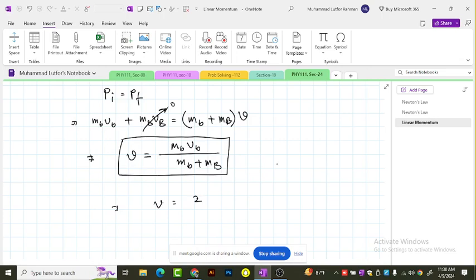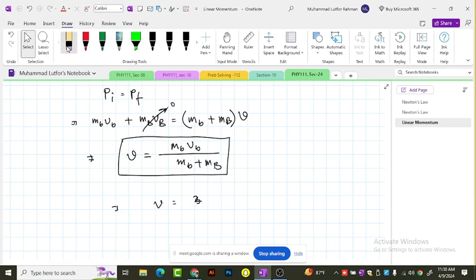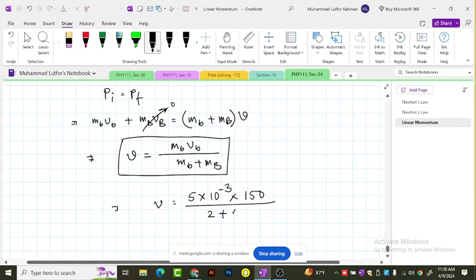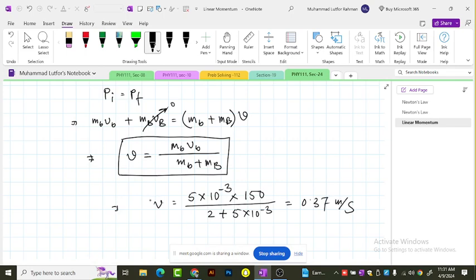The mass of the bullet is not 2 kg, it is actually 5 gram, so 5 into 10 to the power minus 3, I need to convert to the SI system, into the velocity, which was 150, divided by 2 plus 5 into 10 to the minus 3. That will give you 0.37 meter per second. That's the velocity after the impact, of both bullet and block.